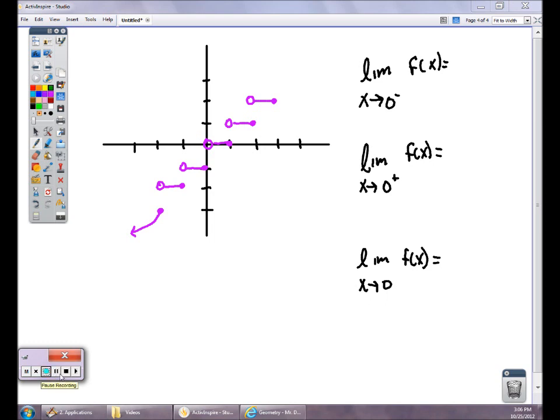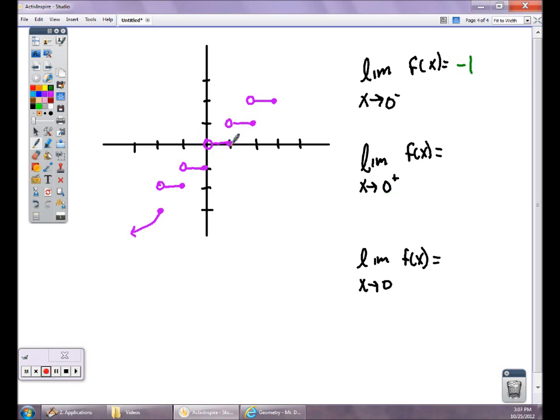For this function, I'm first interested in the limit as x approaches 0. Well, in order to answer that question, I have to come into 0 from the left, and then come into 0 from the right. The limit as x approaches 0 from the left, I would be down on this portion of the graph. I'm at -1. I'm riding along the horizontal portion of the graph, getting closer and closer to 0 from the left, and I hit a value of -1.